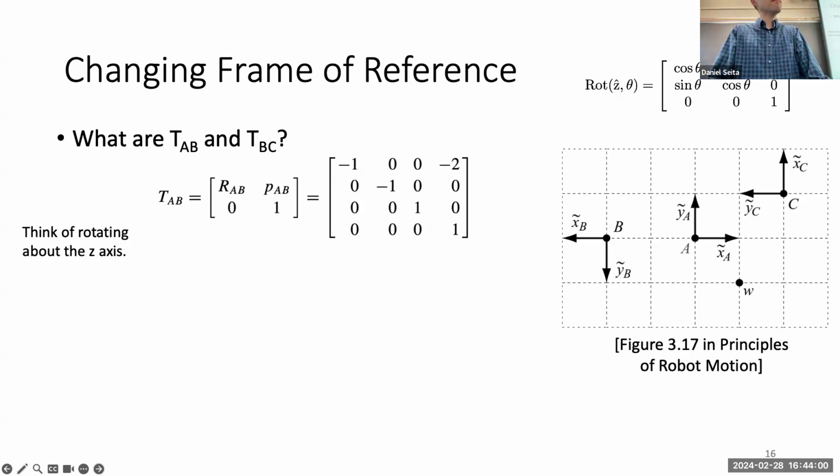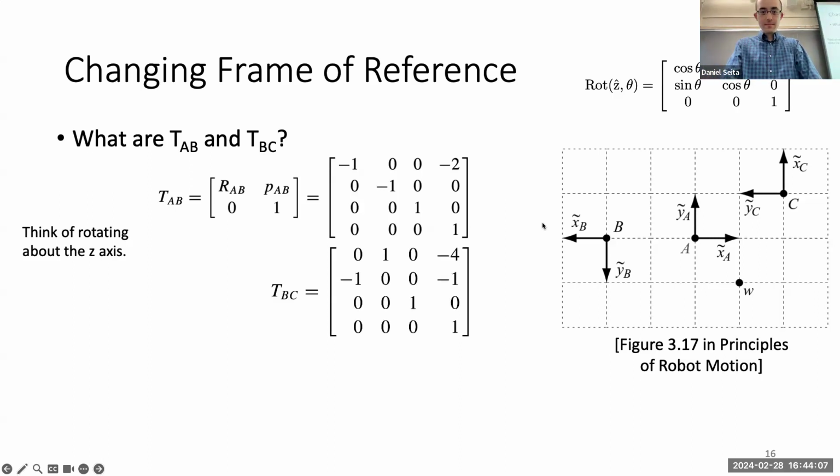Question? And TBC is this other matrix. So everyone see how to get that? Remember, TBC is C with respect to B, not B with respect to C. Did you see what happened here?